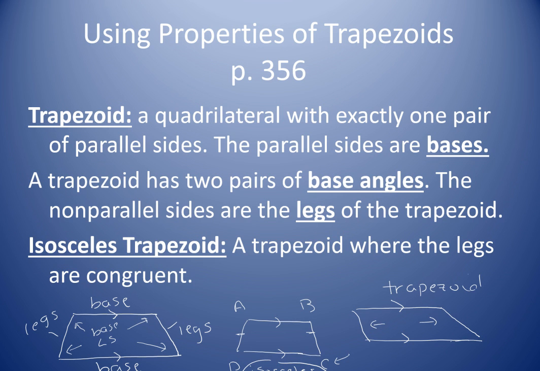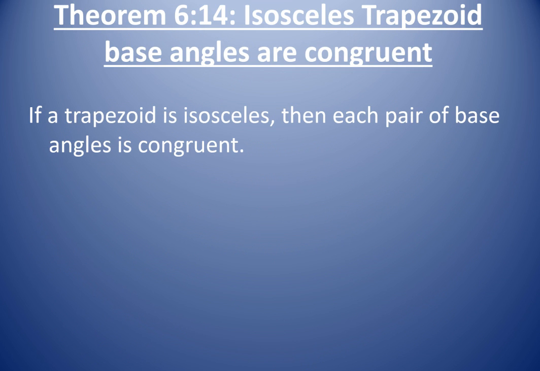Alright, I'm going to work through this a little bit quick. If a trapezoid is isosceles, then each pair of base angles is congruent. So we are talking about a special kind of trapezoid here, and that is that these legs are congruent.